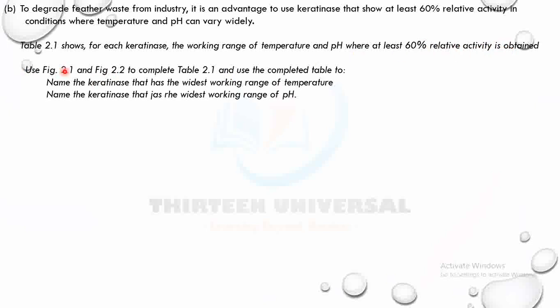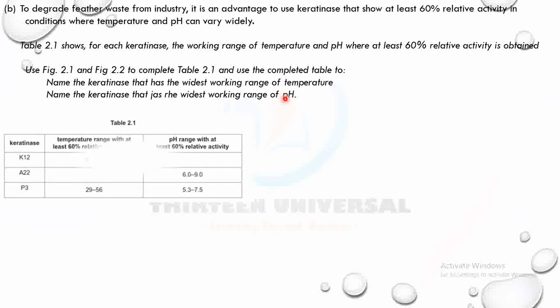Use Fig 2.1 and Fig 2.2 to complete Table 2.1, and use the completed table to name the keratinase that has the widest working range of temperature, and name the keratinase that has the widest working range of pH. So we can complete and name.